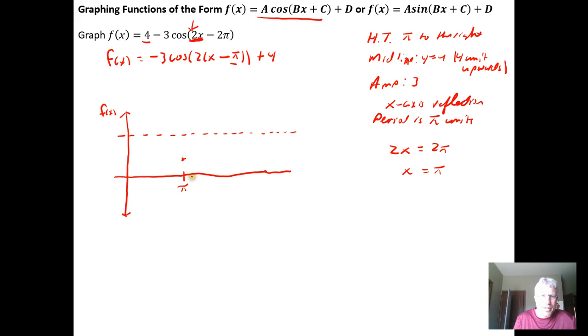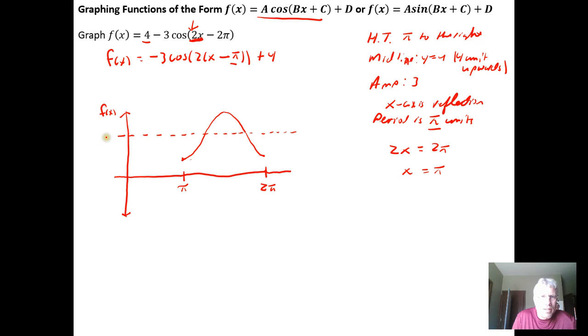And I want to draw it in about this distance. I'm going to come up to my midline, up to my high point, back to my midline, back down to where I started, and this is going to be pi plus the period is pi. So pi plus pi is 2 pi. That actually tells me the picture should completely repeat itself between here and here. So I'm not going to draw it, but it should completely repeat itself in there.